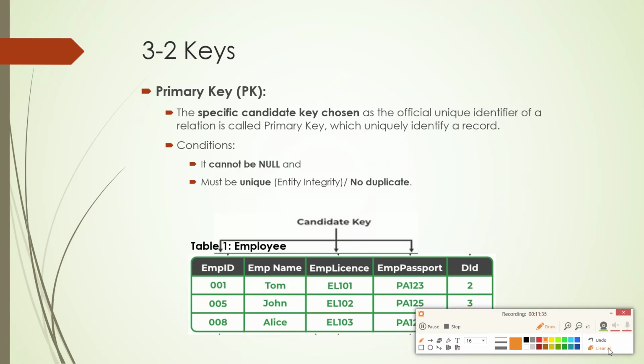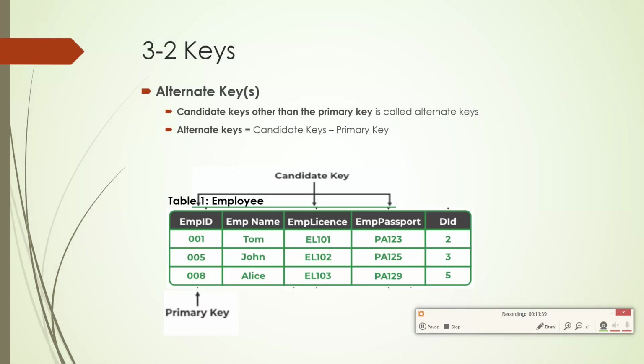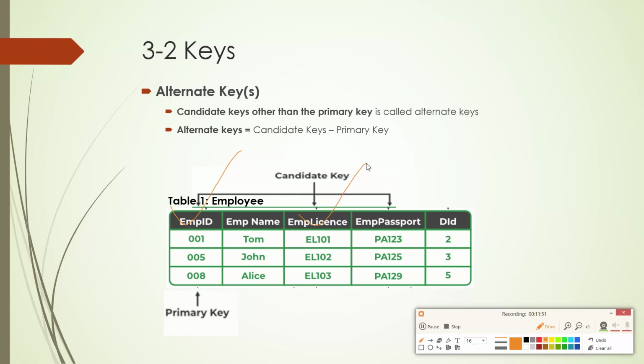Now let's move and see the other. What is alternate key? Alternate key is when you have many candidate keys. Here I have 3 candidate keys, 1, 2 and 3. Out of these I selected employee ID as my primary key.